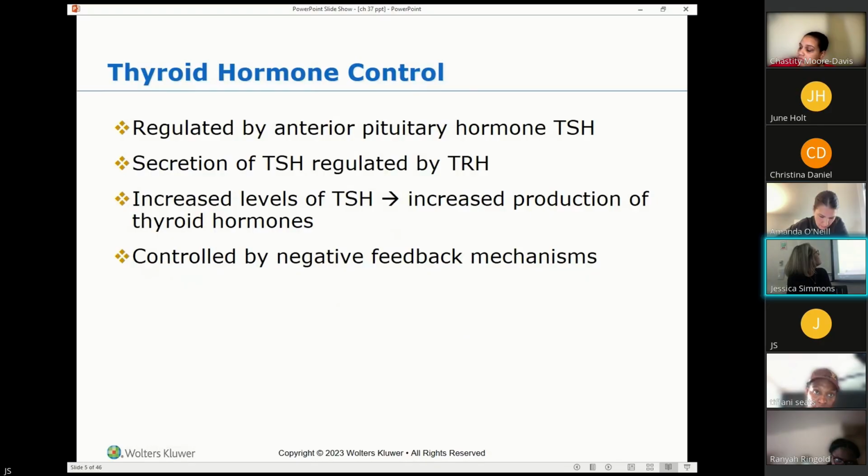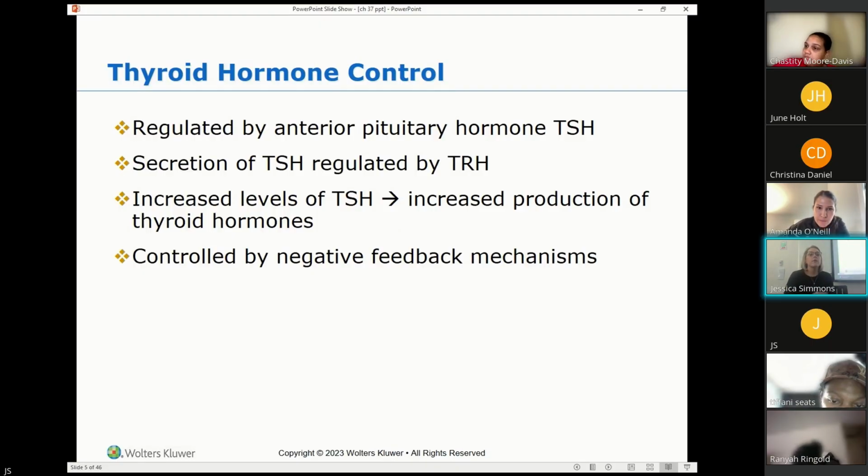So, the thyroid hormone control: it's regulated by the anterior pituitary hormone, TSH. So remember we were talking about the negative feedback system for the thyroid. The anterior pituitary releases TSH. The secretion of TSH is regulated by the TRH.